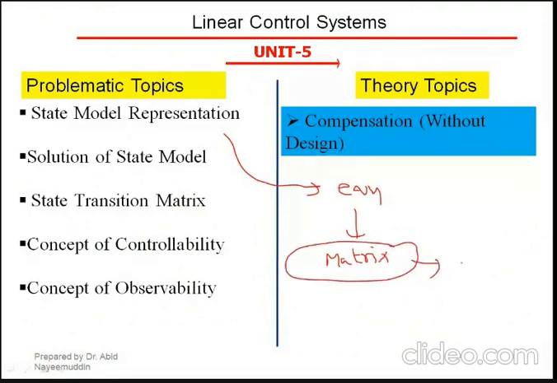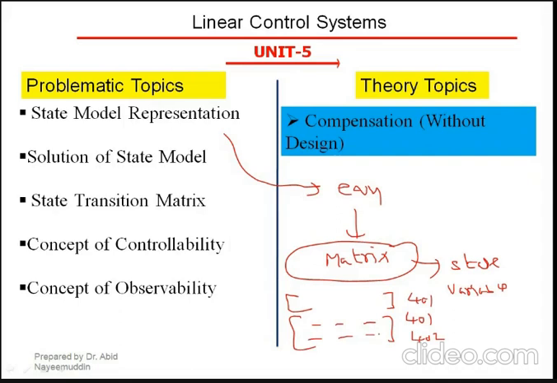It gives the information of each and every state variable. If it is a one row matrix, it gives you the information of one variable. If it is a 2 by 2 matrix, it gives the information of the first and then the second, like this. So each row of a matrix indicates the information related to that particular variable with respect to time, from t is equal to 0 to t is equal to infinity.